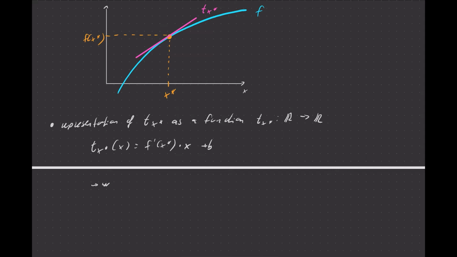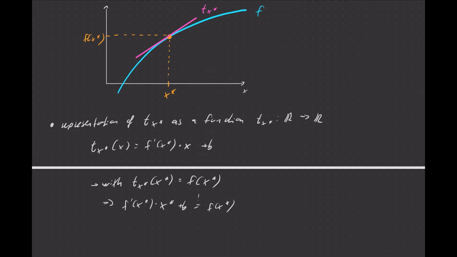So with the information that t x star at the point x star has exactly the same value as the function at that point, f of x star, because it passes through that point here, we can easily use that and substitute it into the functional description of our tangent to obtain f prime at x star times x star plus b is then equal to f at the point x star.